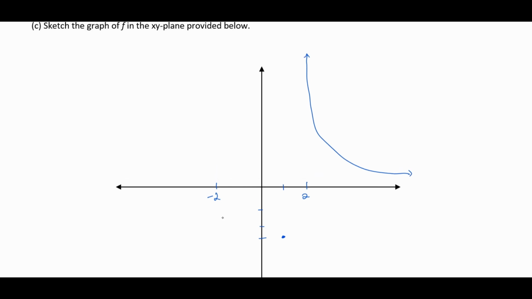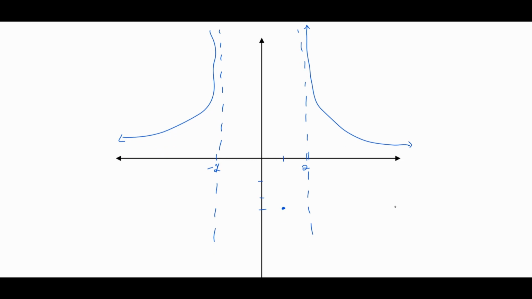We know it has to be symmetric, so I can just do the exact same thing over on the left side. Let me actually just put some vertical asymptotes in right now. Now we want to see what's happening in the middle. So since I also know that 1 is negative 3, we also know that negative 1 is also negative 3.